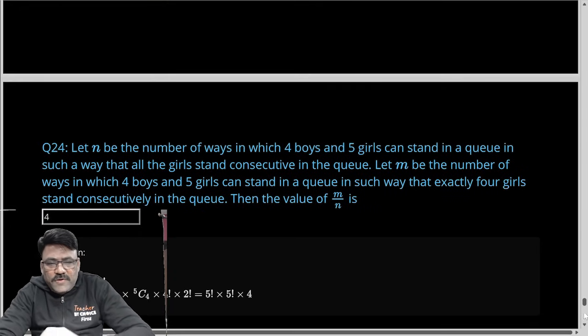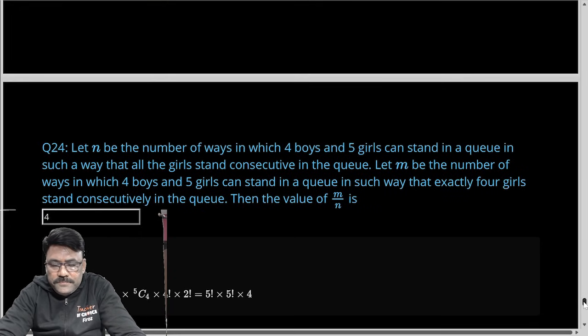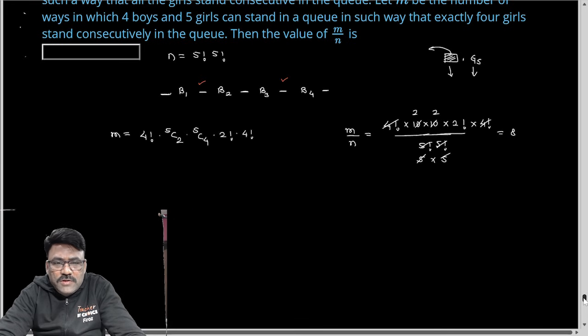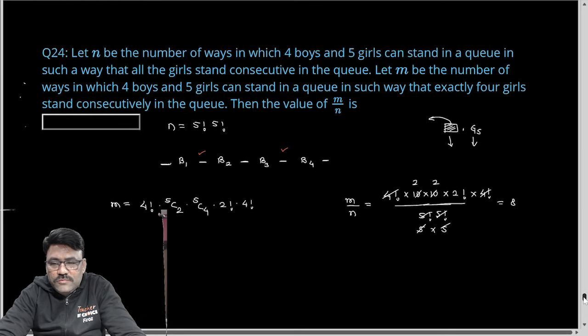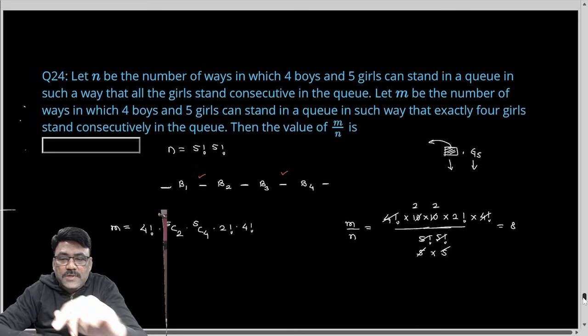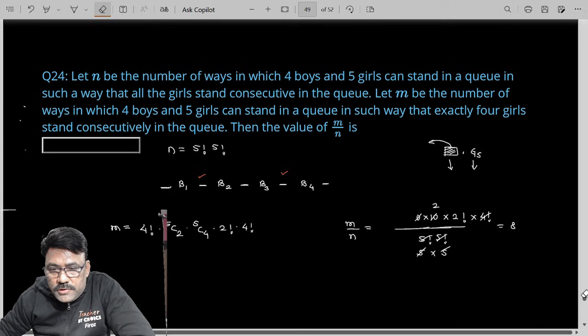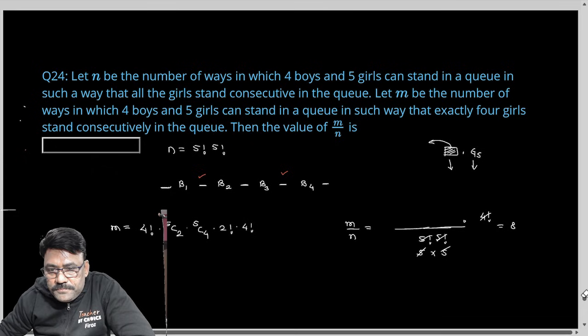M is right. 4, 5 factorial, 5 factorial. Oh, I've written 5C2 twice, my bad. I've done some calculation error only here in the numerator. Let me repeat. Everything is right.